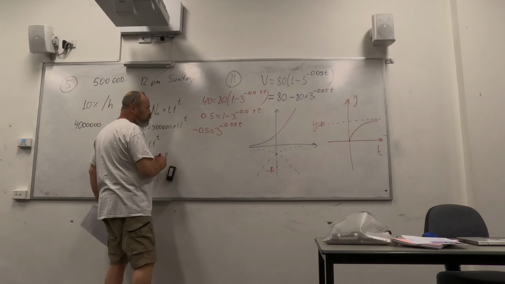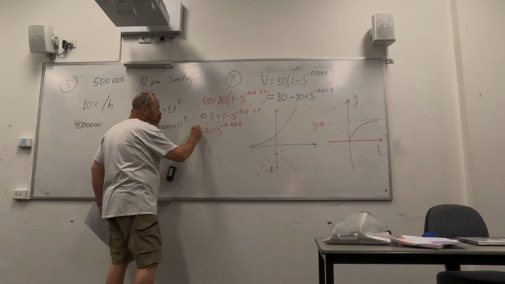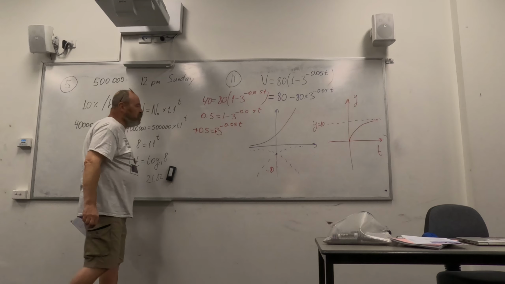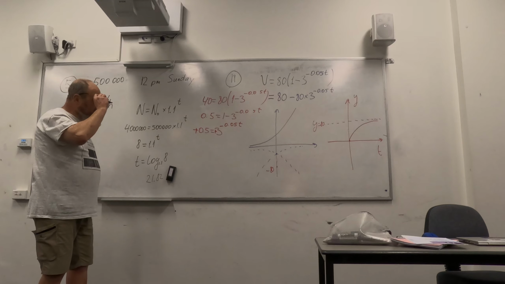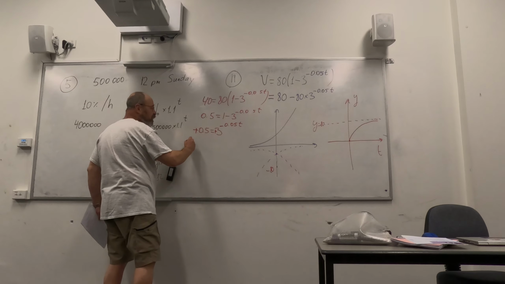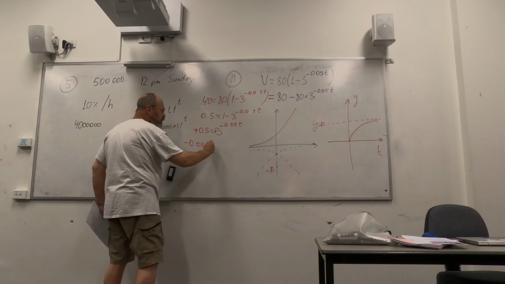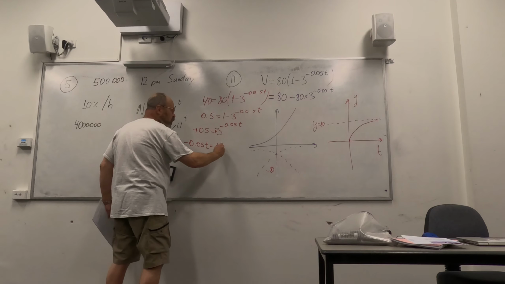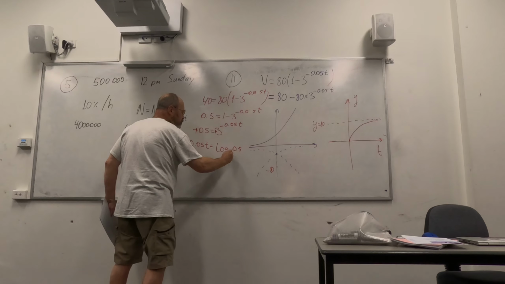Where did the 1 go? Sorry, it's minus here, so the minus cancels out: 0.5 minus 1. So we have 3 in the power negative 0.05t equals 0.5. Take log with base 3 of both sides. Negative 0.05t equals log of 0.5 with base 3.